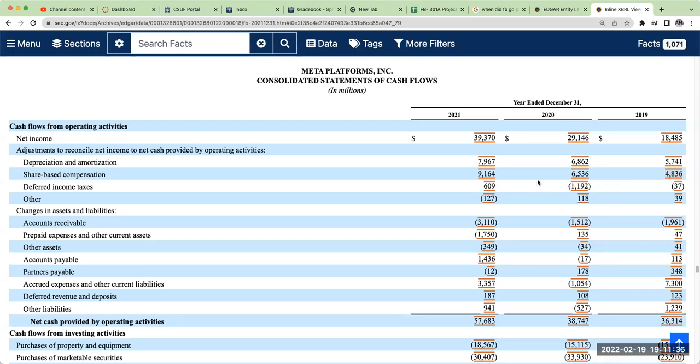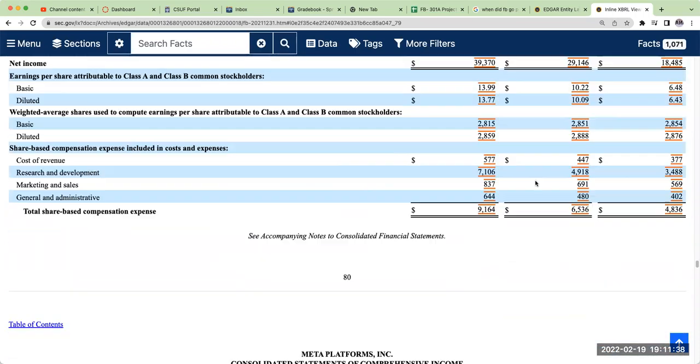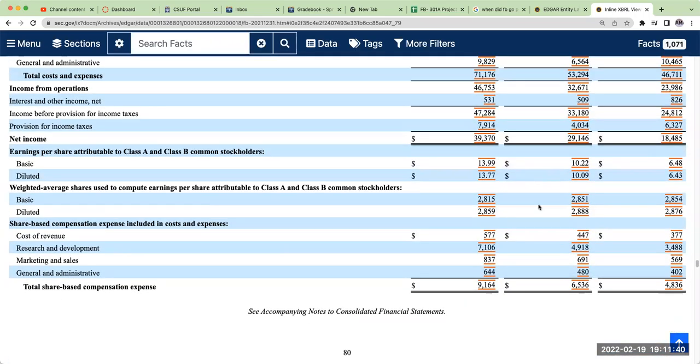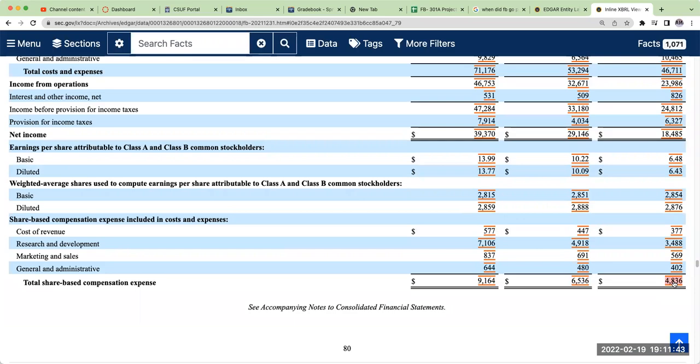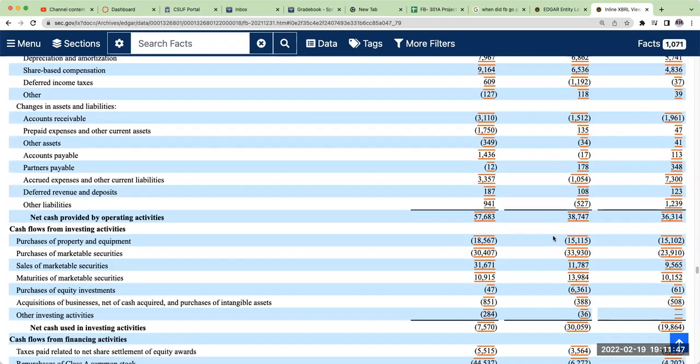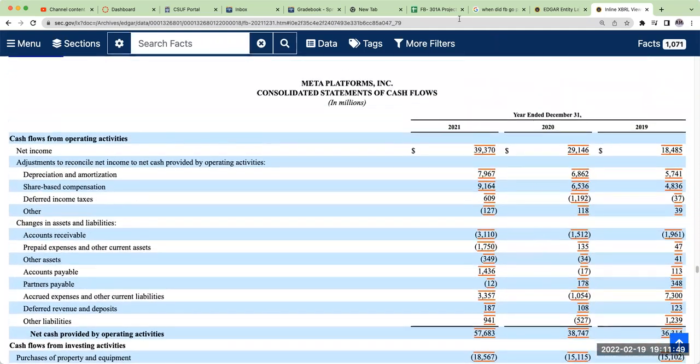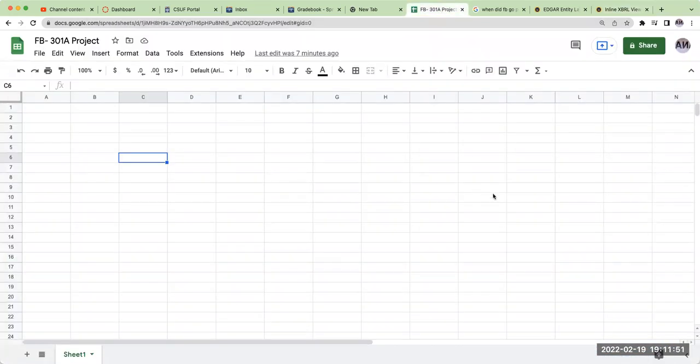Now, Facebook is a little bit unique because you can see these numbers being fully detailed out over here. So we're going to go to our Google Sheet and enter 2021.